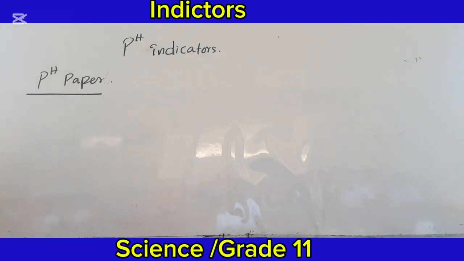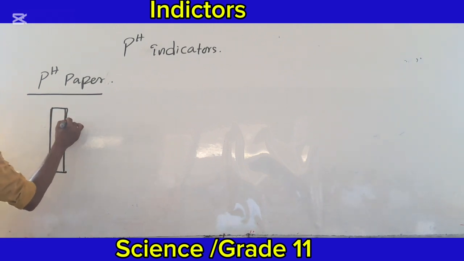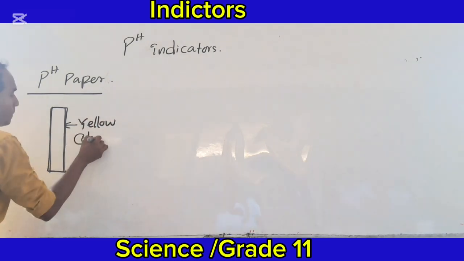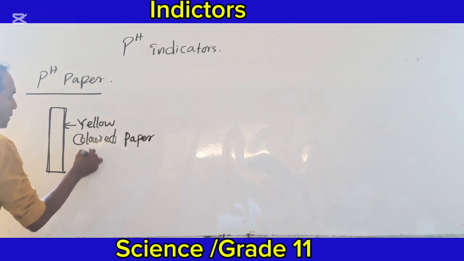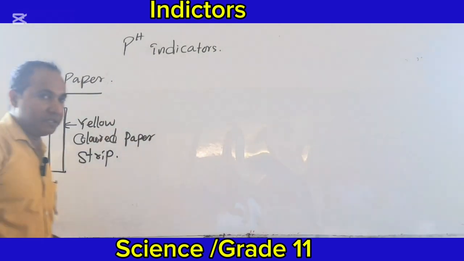What is the color of the pH paper? The color of the pH paper is yellow. pH paper is a yellow colored paper strip.